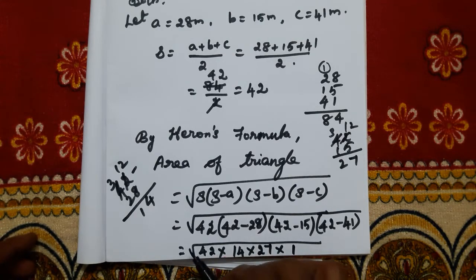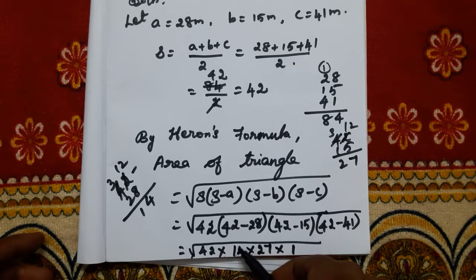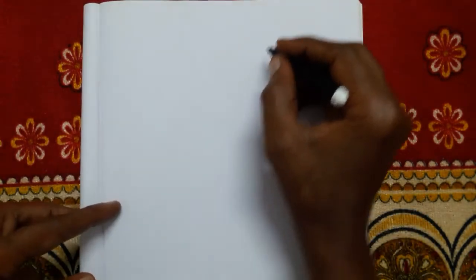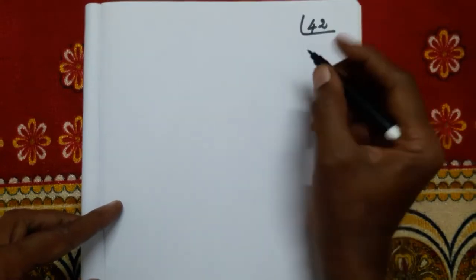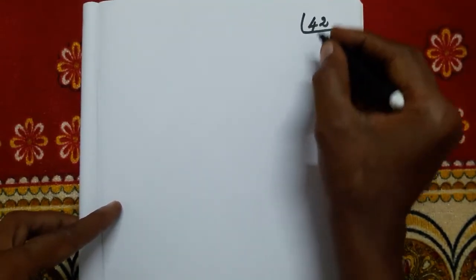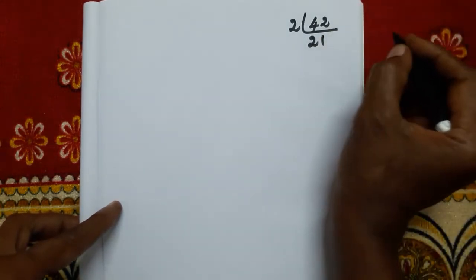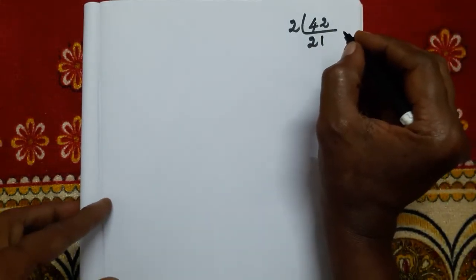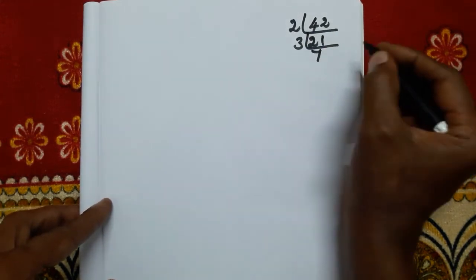Next, we have to factorize. If we multiply first and then factorize, that is difficult. So first itself, factorize 42, 14 and 27. When we are factorizing 42, which table can we use? Yes, 2 table. 2 twos are 4, 2 ones are 2. Again, 3 table: 7 threes are 21.